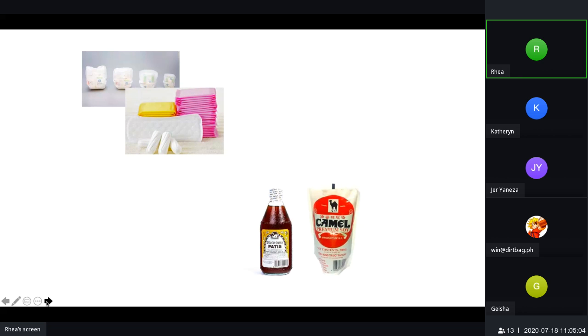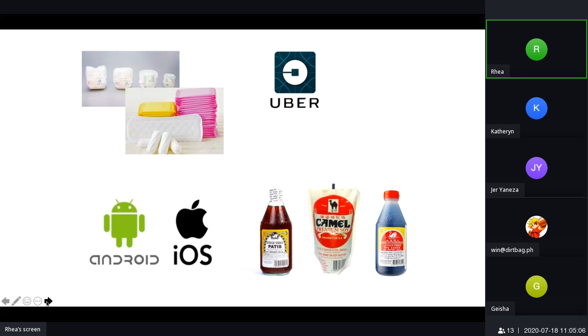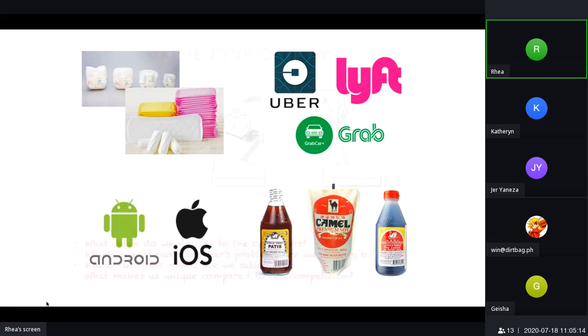These would now be good examples with which we can identify if these brands are intended for the mass market, or for niche, segmented, and whatnot.